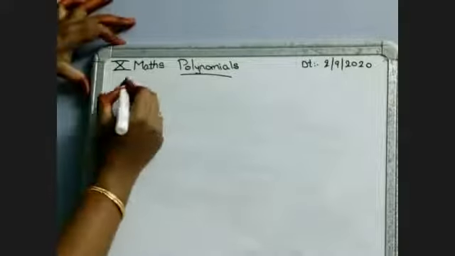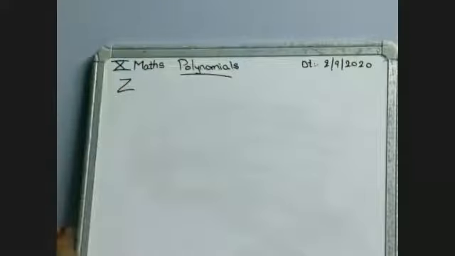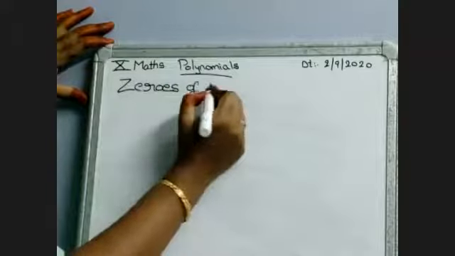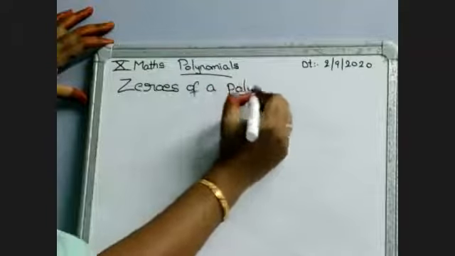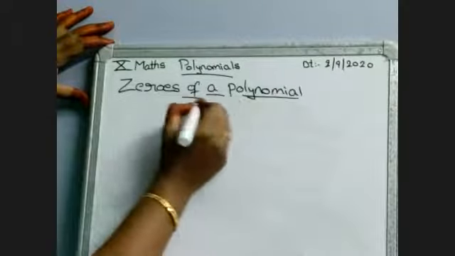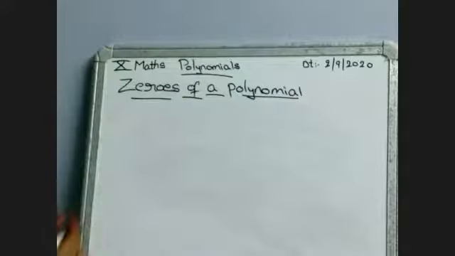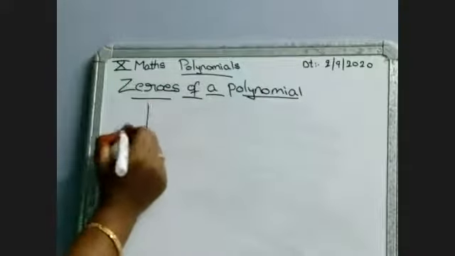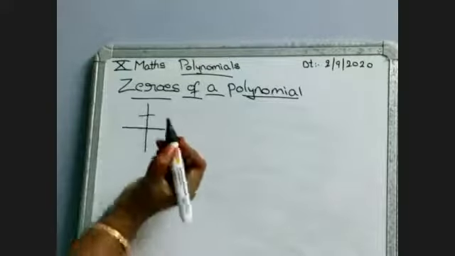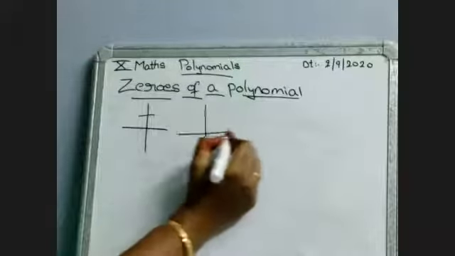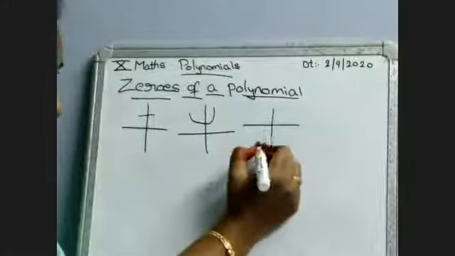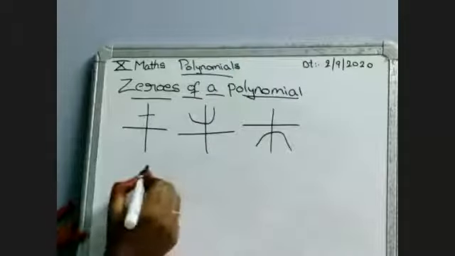First, we'll see zeros of a polynomial. What do zeros of the polynomial mean? Suppose I take one graph, one type of graph, and then another type of graph. A lot of graphs are coming here.